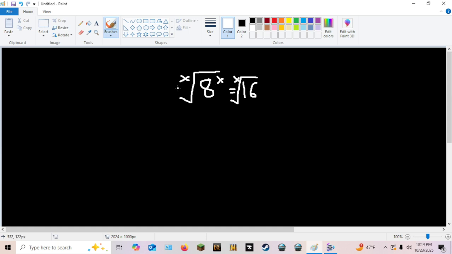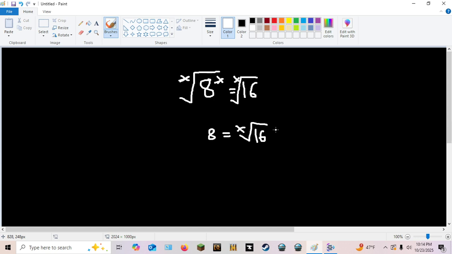So when you take the xth root of the exponent x, the x's cancel, while 8 raised to the x over x equals 8 raised to the first power, which equals 8. So this gives 8 equals the xth root of 16.